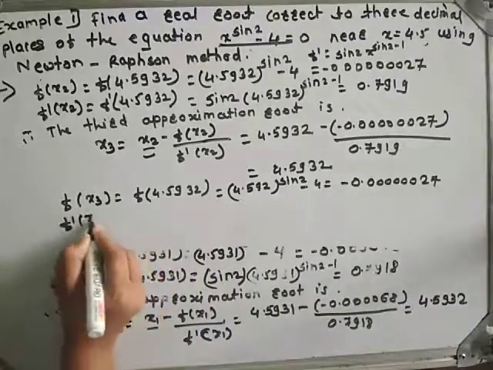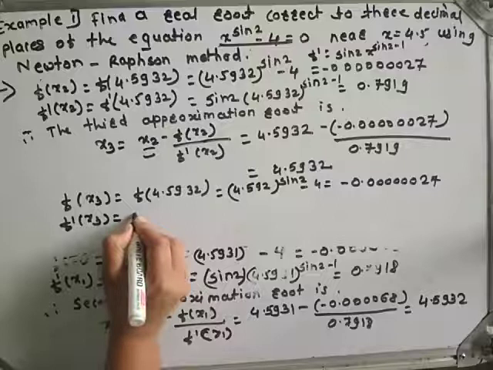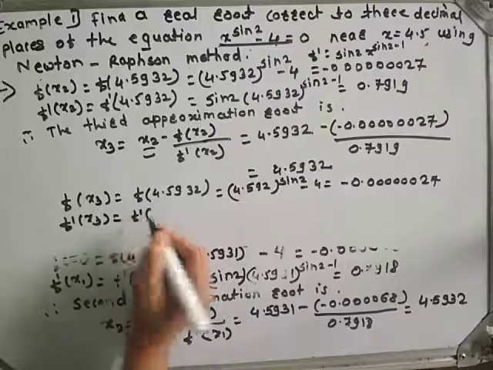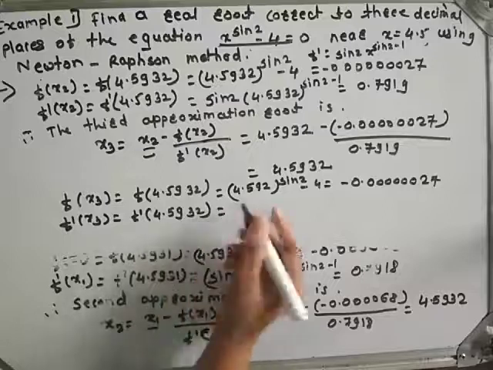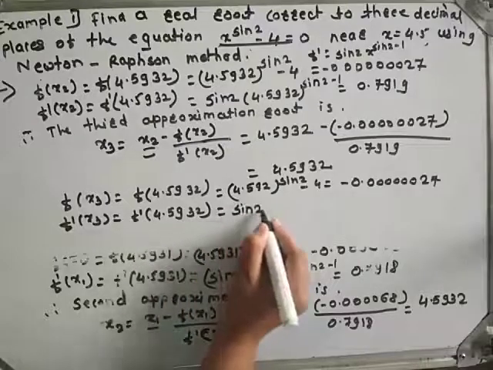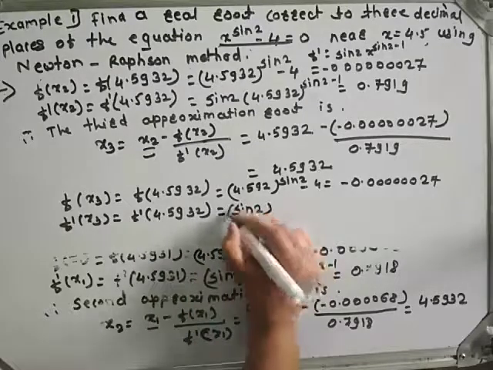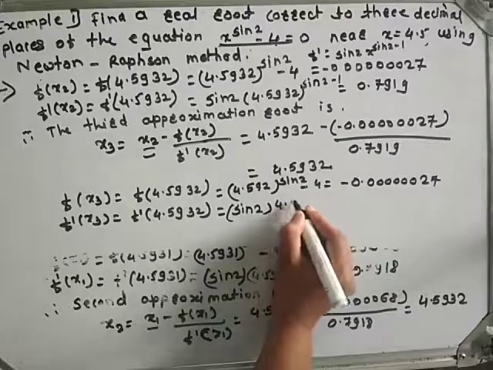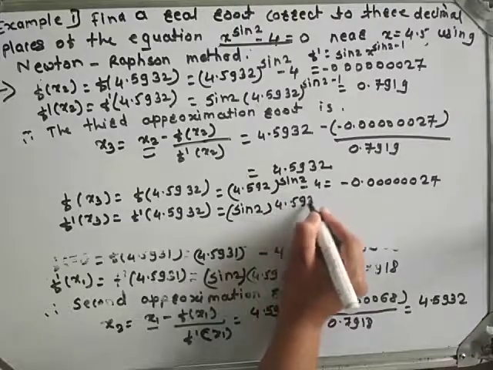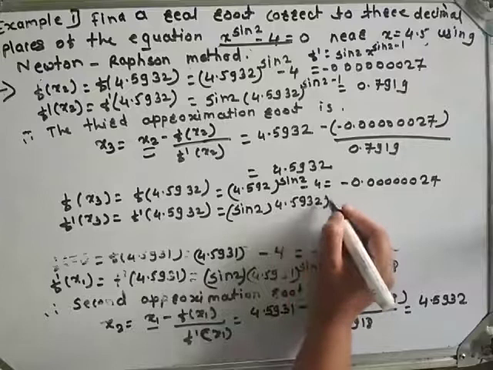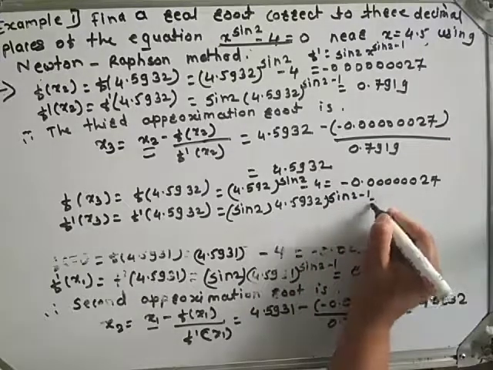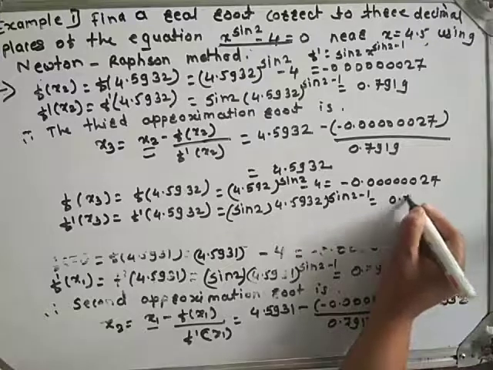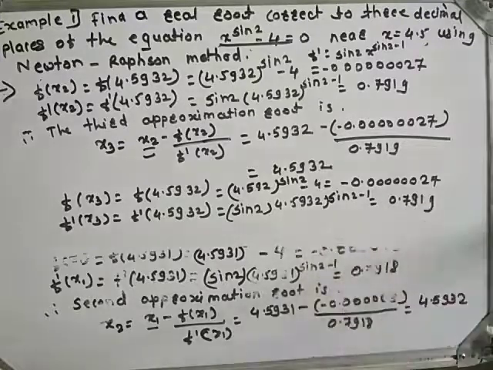Again, f dash of x3 is equals to f dash of 4.5932, which is equals to sine 2 into 4.5932 raised to sine 2 minus 1, which is equals to 0.7919.